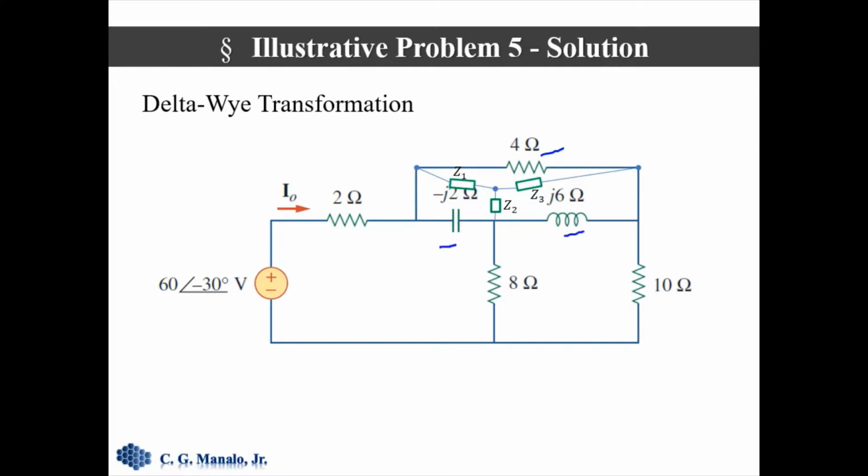One approach for this is to assume this element, this and this, as a delta network and replace that by a Y network composed of Z sub 1, Z sub 2, and Z sub 3.